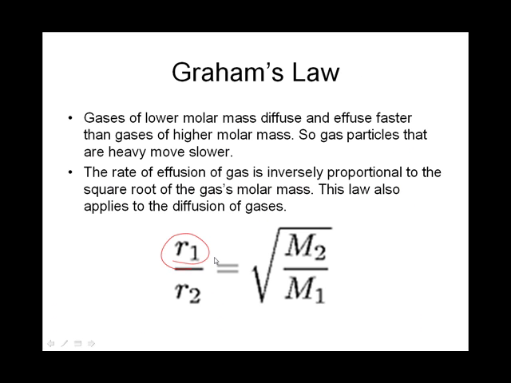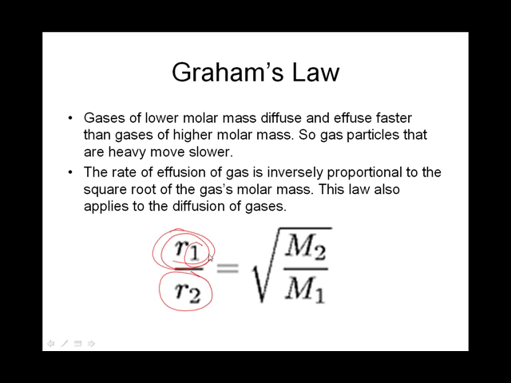So going back to this slide, I said that the ratio of the rates of the two gases that I have is dependent on the inverse of the square root of the proportion of the masses. So take a look at this.